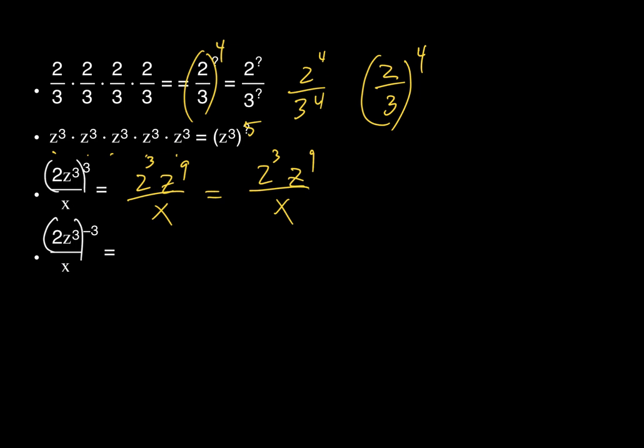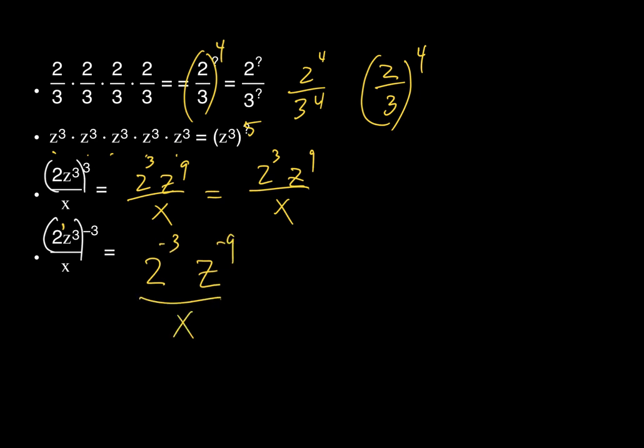Here what goes on is now I have this entire thing, and the top is to the -3. So I can either take that, move it to the denominator first, or I can take powers raised to powers. If I do that, I'll have 2 to the -3rd, because there was a 1 power. I'll have z to the -9th.